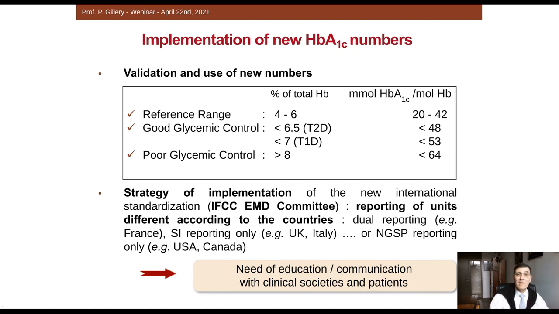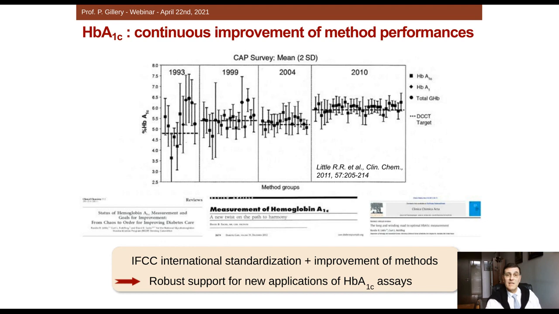In this respect, it was important to have a strategy of implementation of these new numbers, and this was made by an IFCC committee, but there is still now a reporting of units different according to the countries. Sometimes dual reporting, sometimes only SI reporting, or only NGSP reporting. So there's still a need of education and of communication with clinical societies and patients.